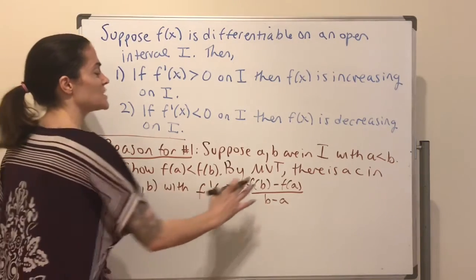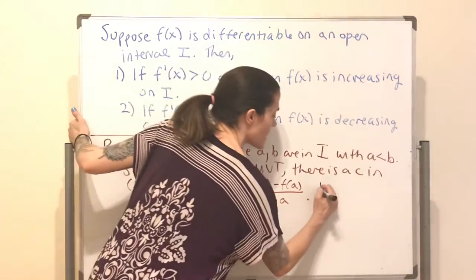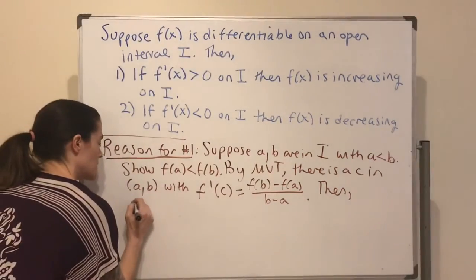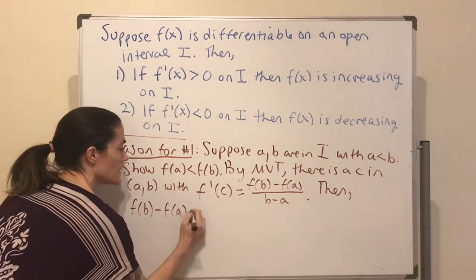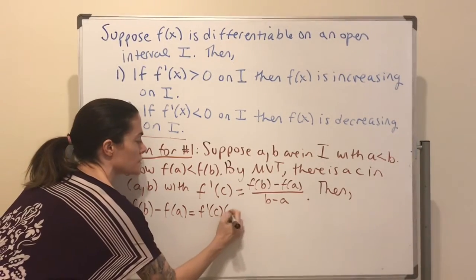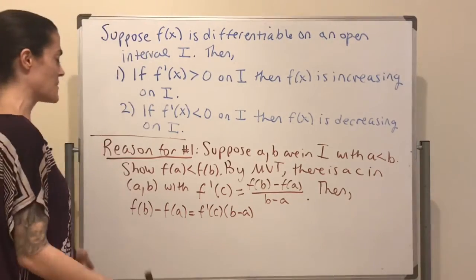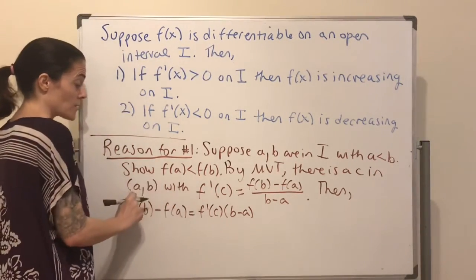Well, let's just multiply through by b minus a. Okay, so then we have that f of b minus f of a is f prime of c times b minus a. Now we are in wonderful shape because look, c is in the open interval a to b.